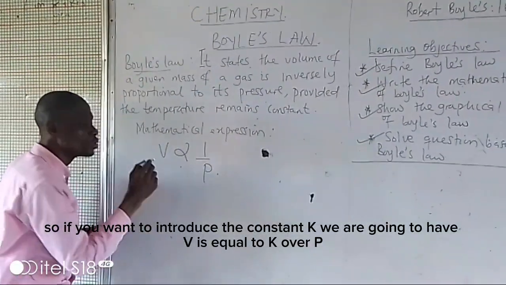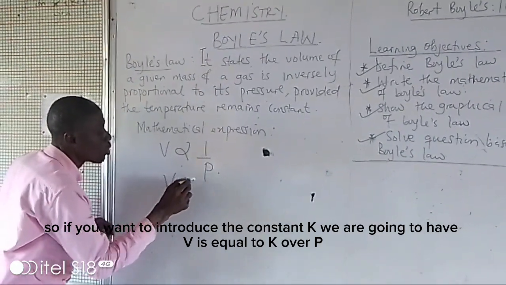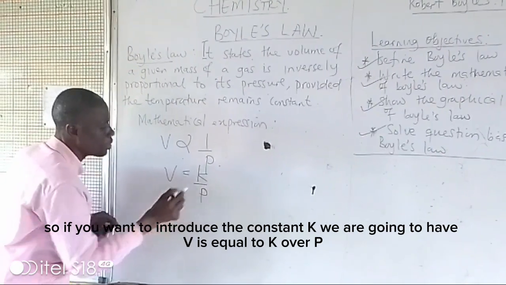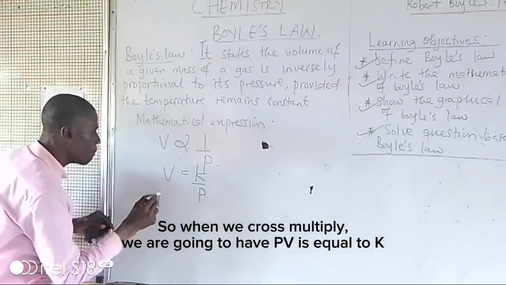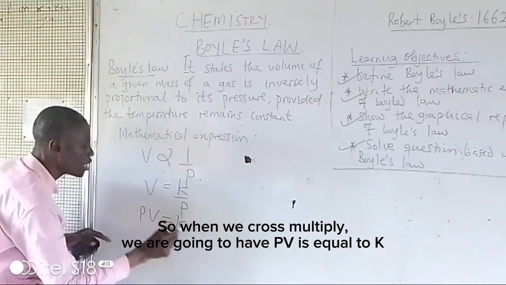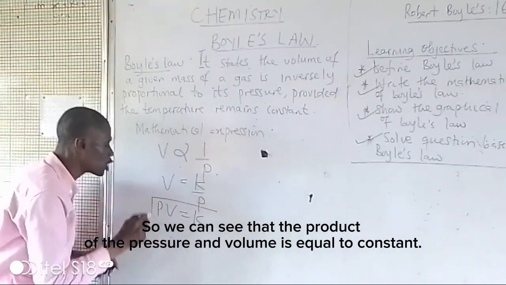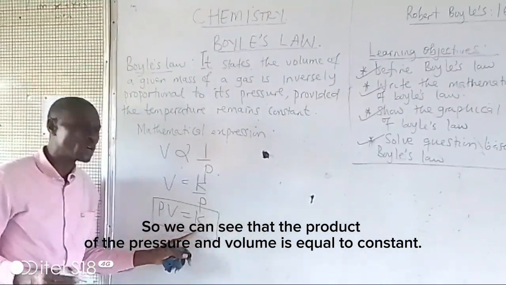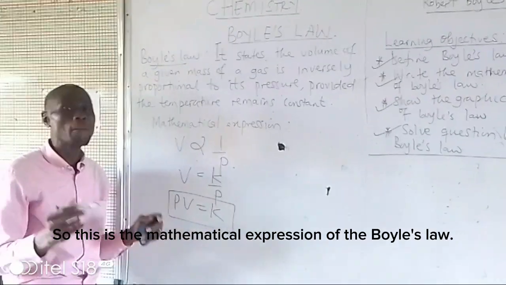If we want to introduce a constant term, we have V is equal to K over P. When we cross multiply, we have PV is equal to K. So you can see that the product of the pressure and volume is equal to a constant. This is a mathematical expression of Boyle's law.